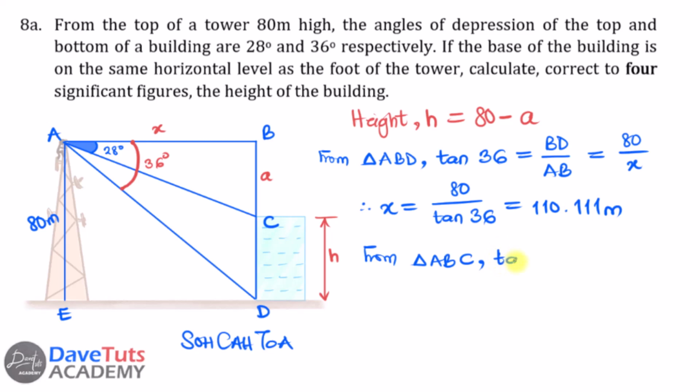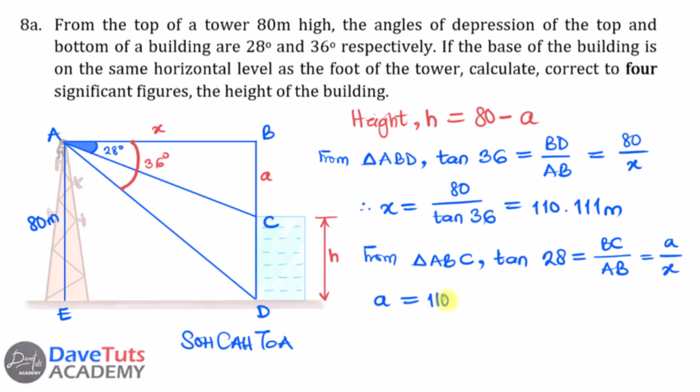So I can say tan 28 now is going to be opposite, which is BC, over the adjacent, which is AB. And of course, that opposite is nothing but A. The adjacent is X. So my A, which is what I'm looking for, if I cross multiply in this case, is going to be X tan 28, but X I just got to be 110.111.